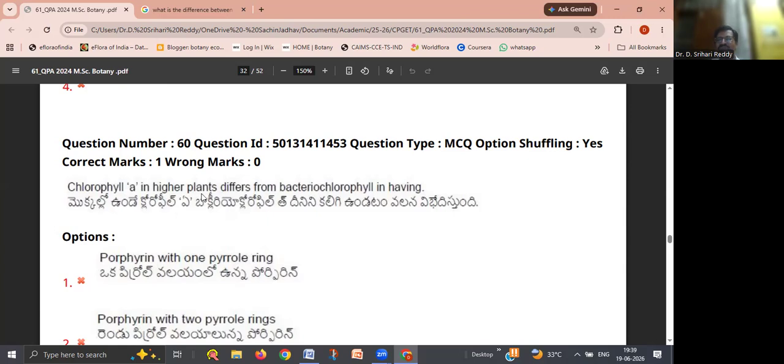Since there are four pyrrole rings, it has four nitrogens attached to a single magnesium. So chlorophyll has four pyrrole rings in the porphyrin, and bacteriochlorophyll also has four pyrrole rings in the porphyrin ring.